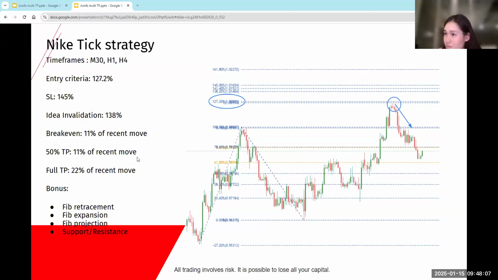Idea invalidation 138 here. So I guess I would just go in for a sell towards maybe the 50% here, or even towards the 61. I was thinking more the 61 because it's in line with a swing high and a swing low. Okay, so if I had to put a level, it would probably be here.